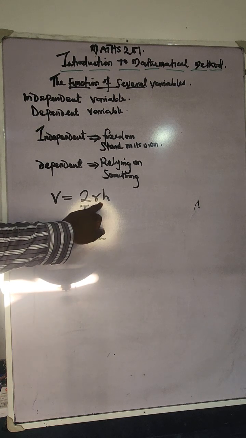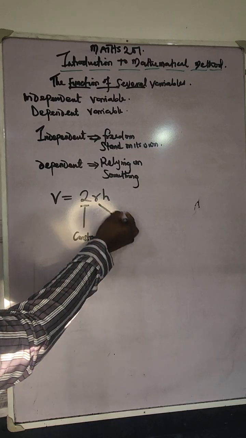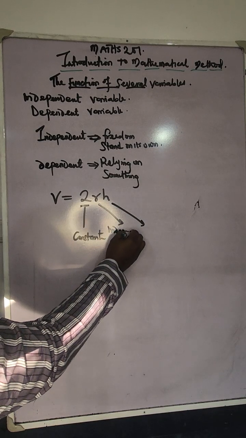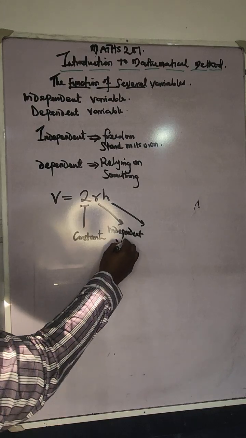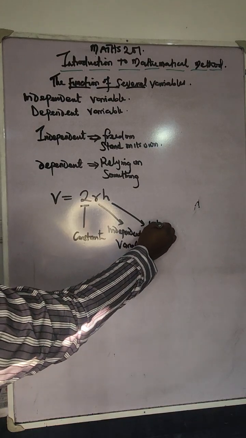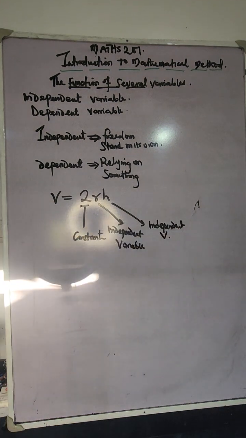But when we have R and H, do you know that these are independent variables? They are independent variables. Why?